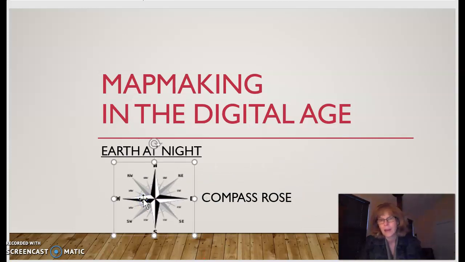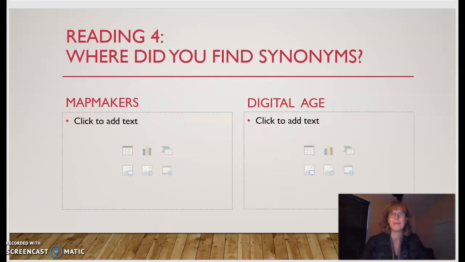It's the prominent feature of most maps, and it's the thing that tells us north, south, east, and west. And that's really one of the navigation tools that was used in the old days, this compass rose. I want you to take a look at a few more vocabulary words, especially here in this first section.